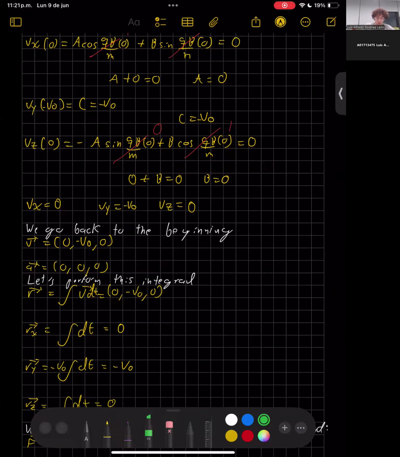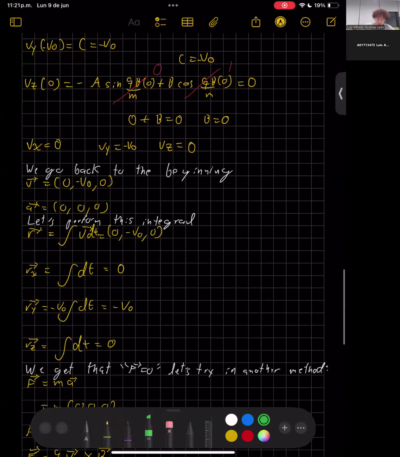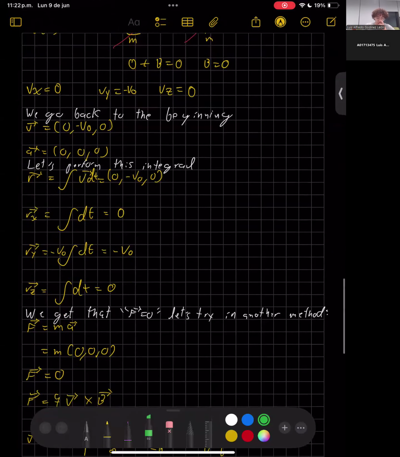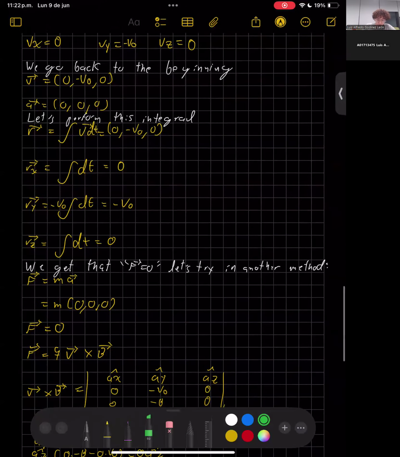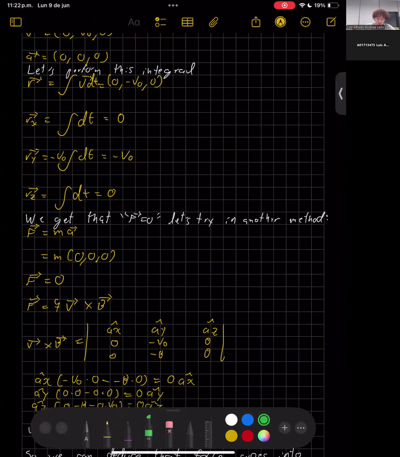And we go back to the beginning, with the same initial conditions as we had. So we're going to perform the integral with these initial conditions, and we have that the component in X is going to be 0, in Y is going to be minus V0, and in Z is going to be 0. So we get that the force is going to be equal to 0 in the first method.